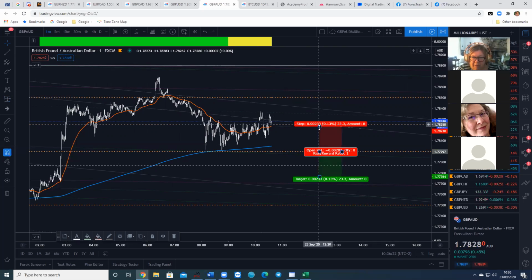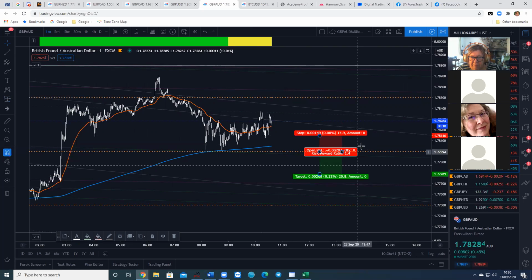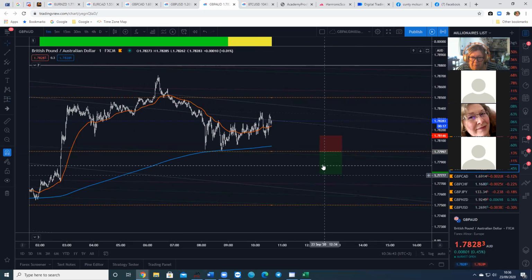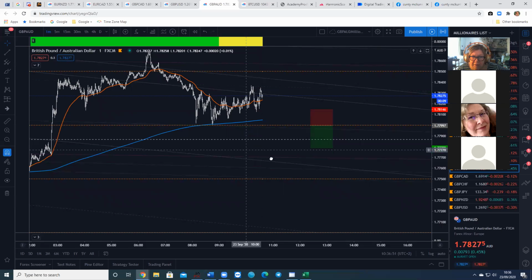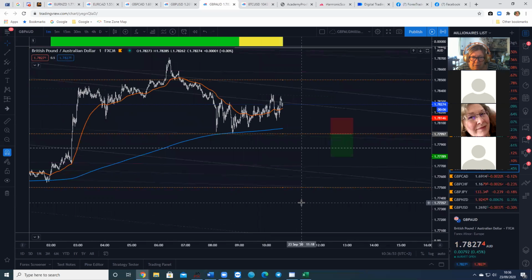Very big scan. Doesn't really cover us on anything. And that pitchfork would be right bang in the take profit area. So not an ideal setup anyway.